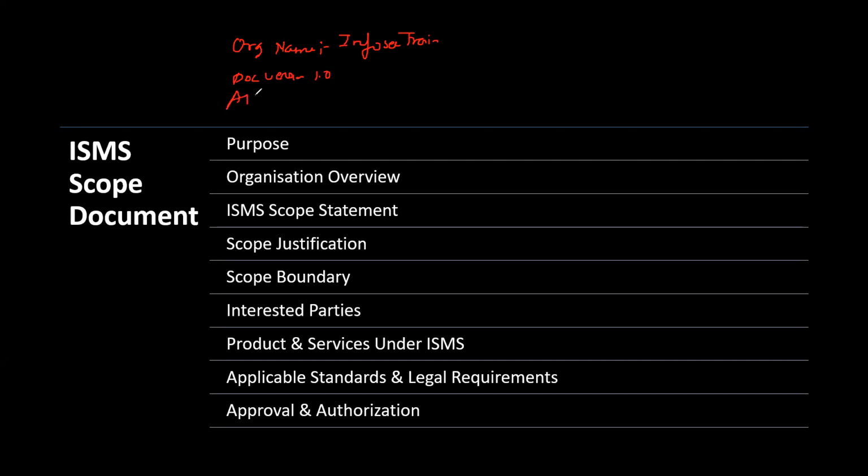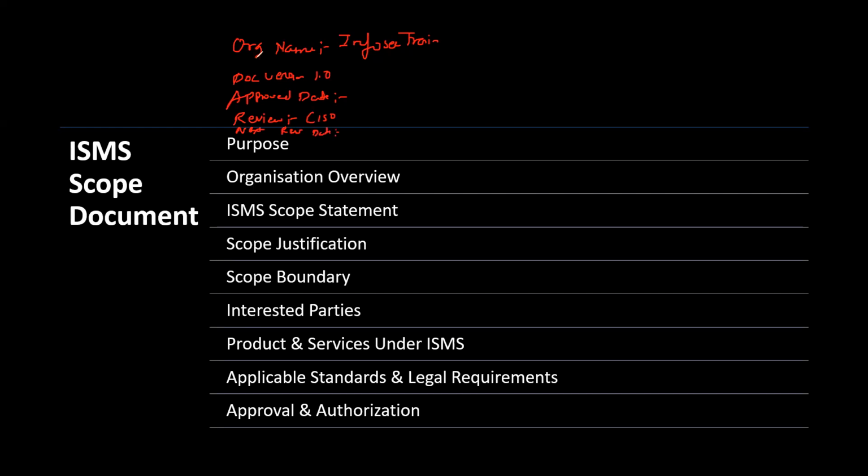Approved date. Who has reviewed this scope document? Your CISO or the top management. And next, review date. Okay, so this will be my index.